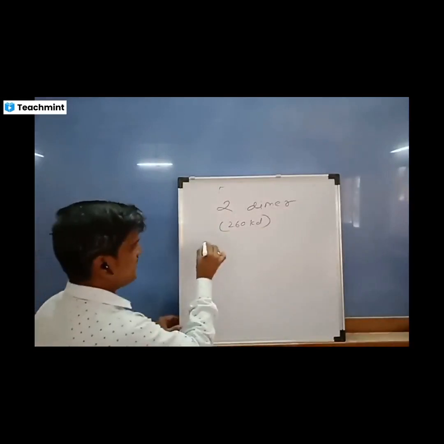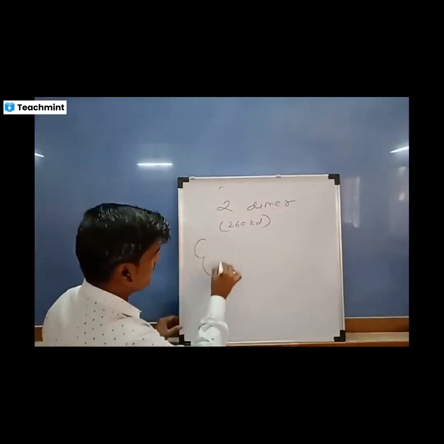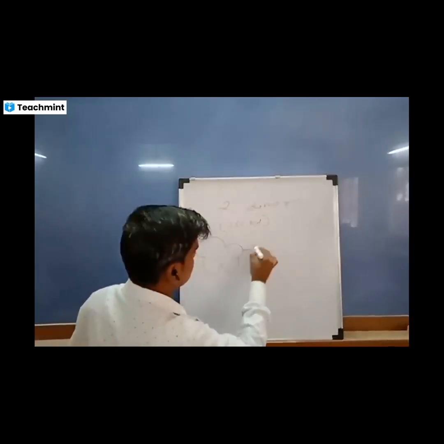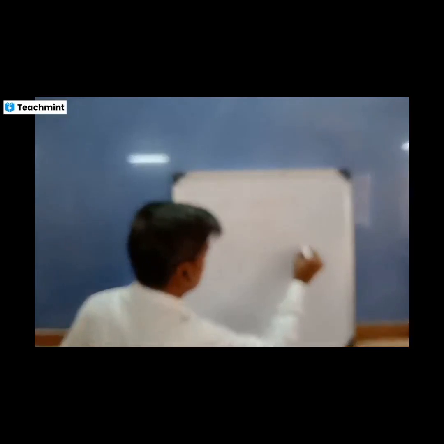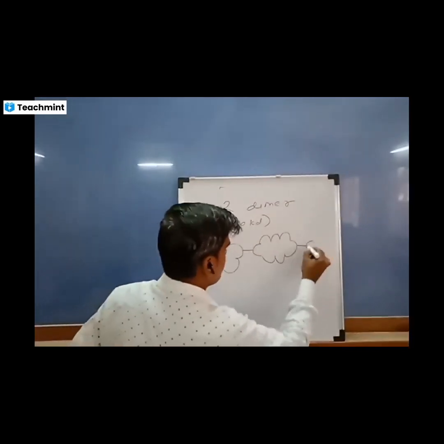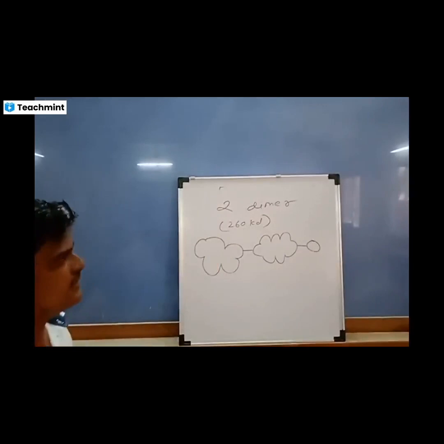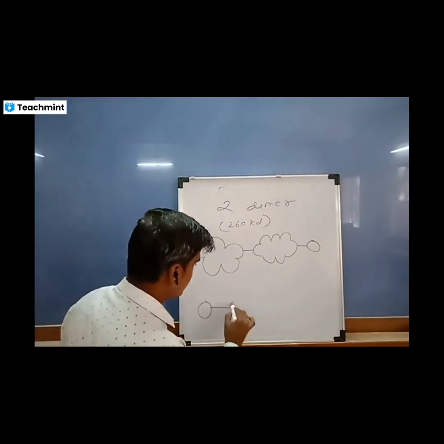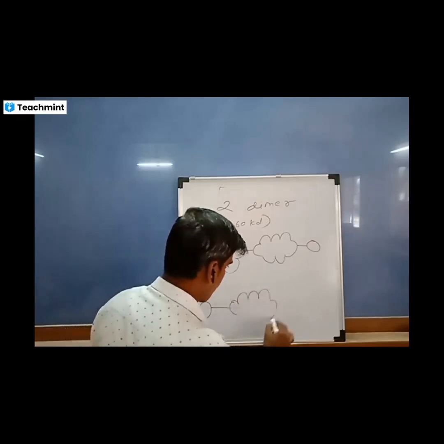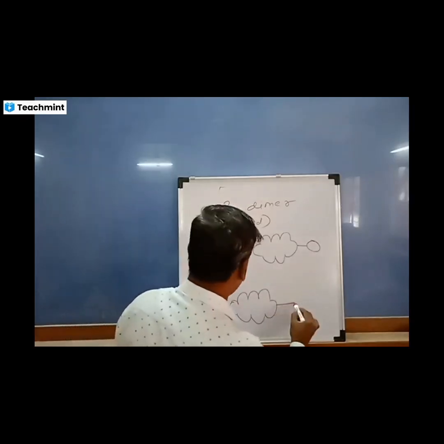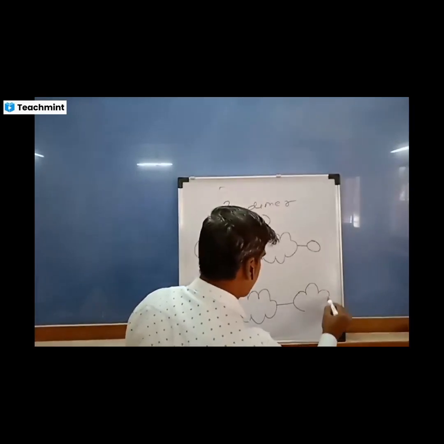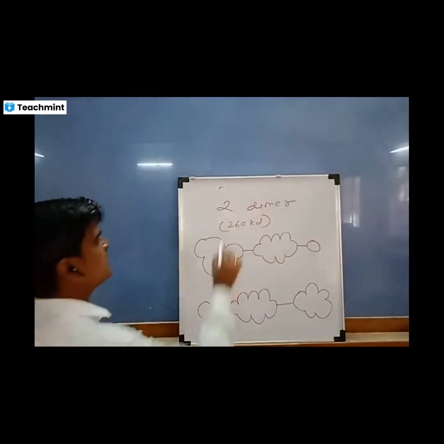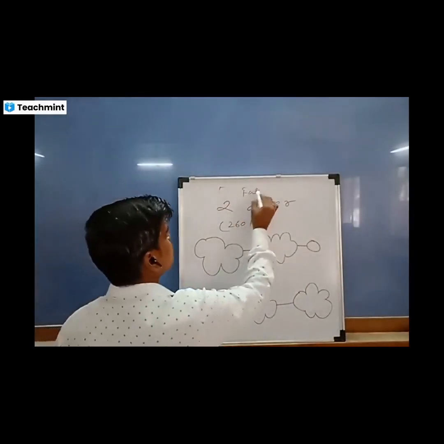So the enzyme looks like this. This is one single monomeric unit. As it is a dimer, the other portion is present like this. So this is the dimer fatty acid synthase multi-enzyme complex.